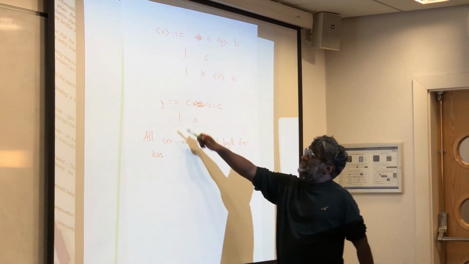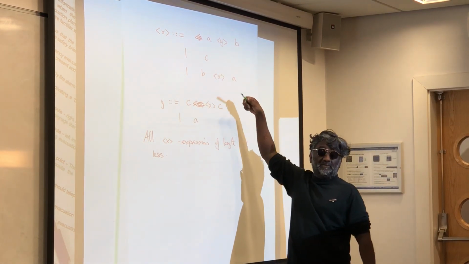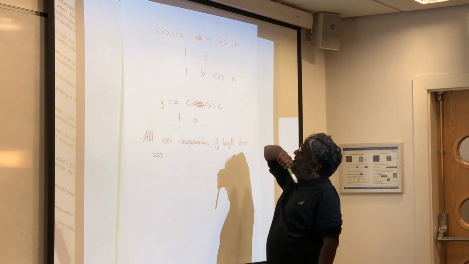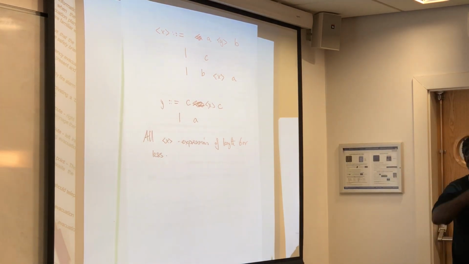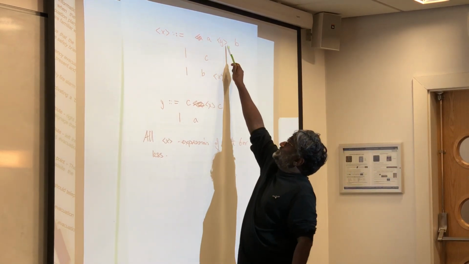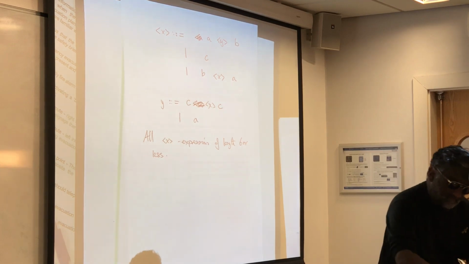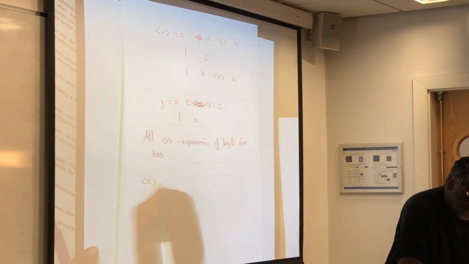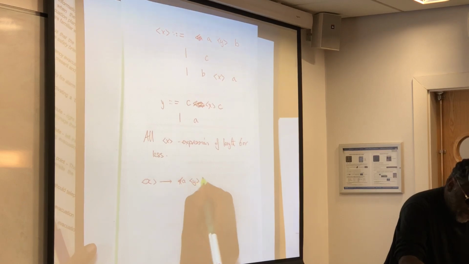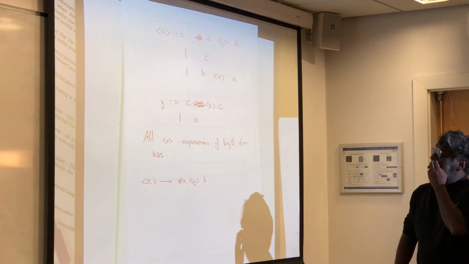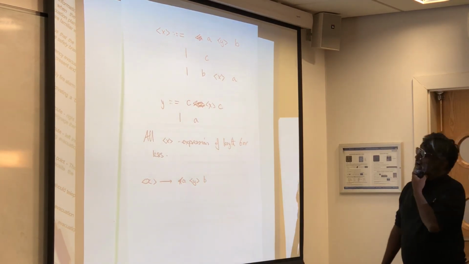So we start with x, and we just start using these rules to see what we can do. One option, and I think we should just explore methodically. It's like when you do a truth table, you write down all the possibilities and just go through them. So let's say we use this rule first. So x goes to A, Y, B. Okay, that's fine. Then what can we do with the y?